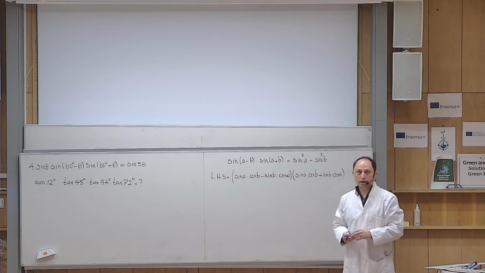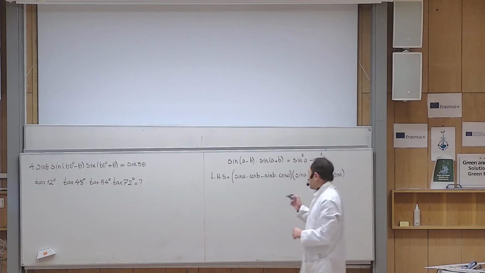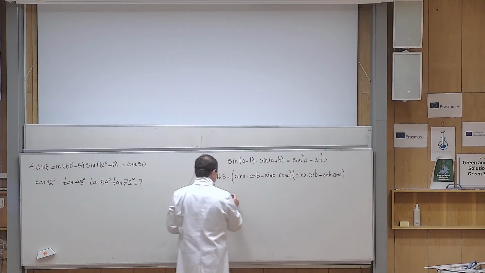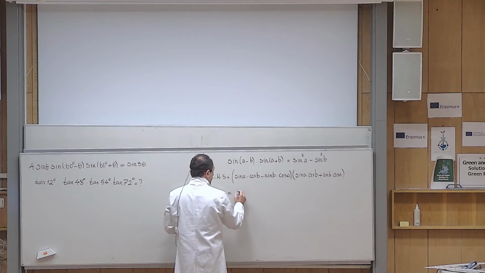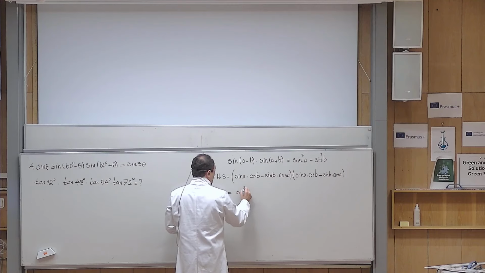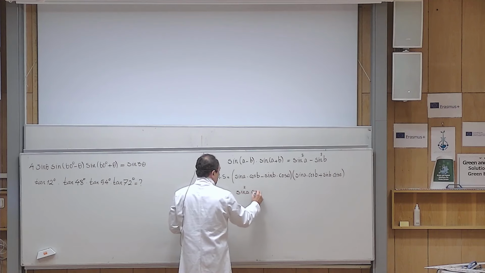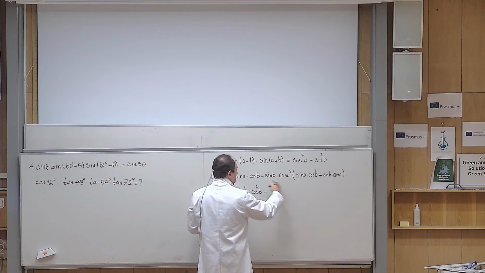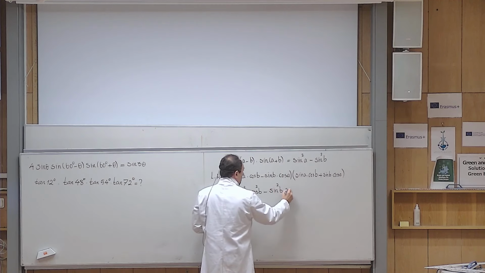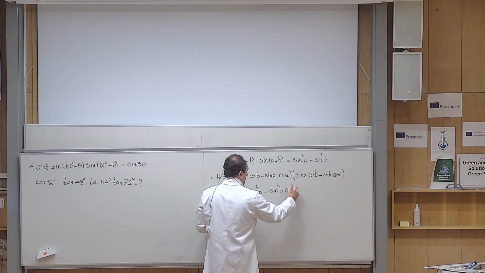So that's exactly the conjugate pattern. The answer becomes the first one squared, sine squared A cosine squared B, minus the second one squared, sine squared B times cosine squared A.